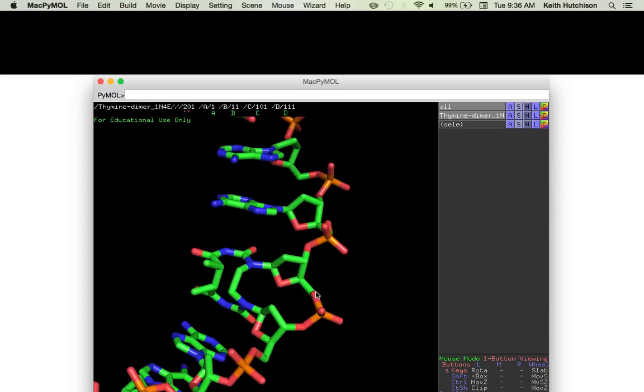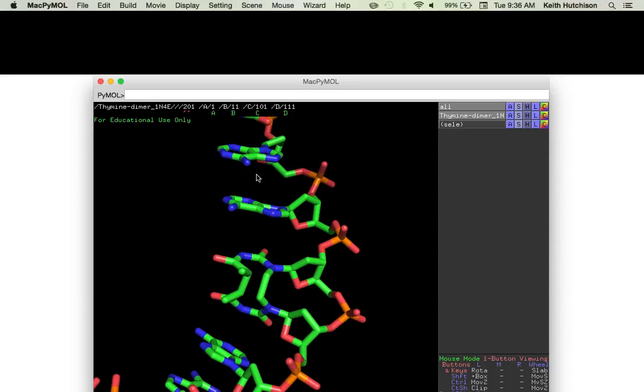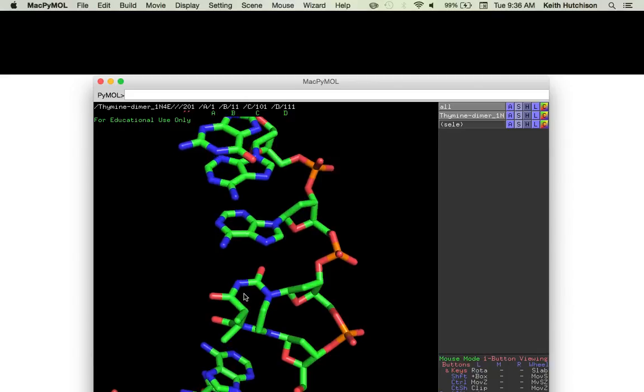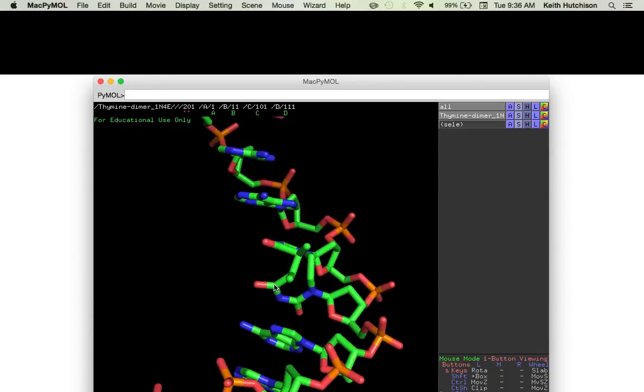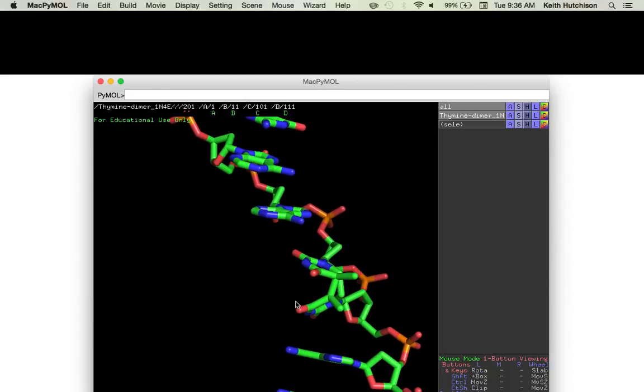So we can see that in a model of the DNA. Here are the bases, and the bases along here come right out of the backbone on a flat structure. Now this one is actually a sort of poor representation. There should be a bond here and a bond here to create the cyclobutane ring between two thymines. And if we look on the helix side of things, we see that the bases are not coming out flat, but at an angle relative to each other.